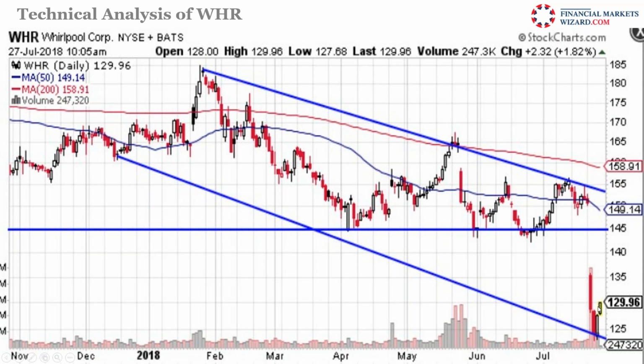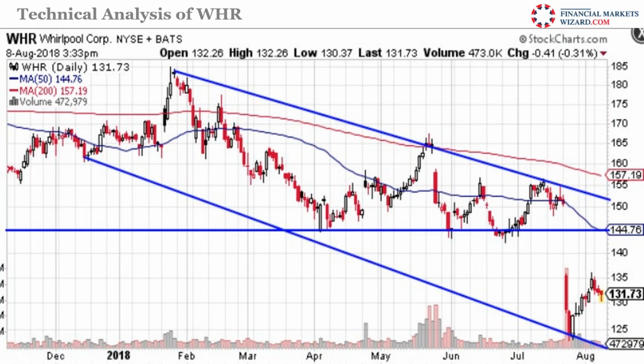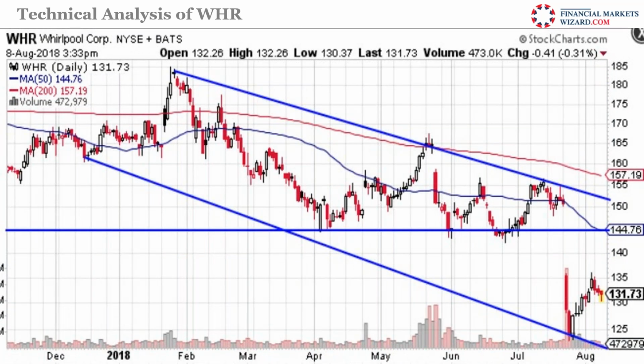I drew the line, and when I saw this, I said, okay, I will take my chance and go long. So I went long, and I stayed long, and this is what WHR did. You see, moving, moving. So we exited and made big bucks.